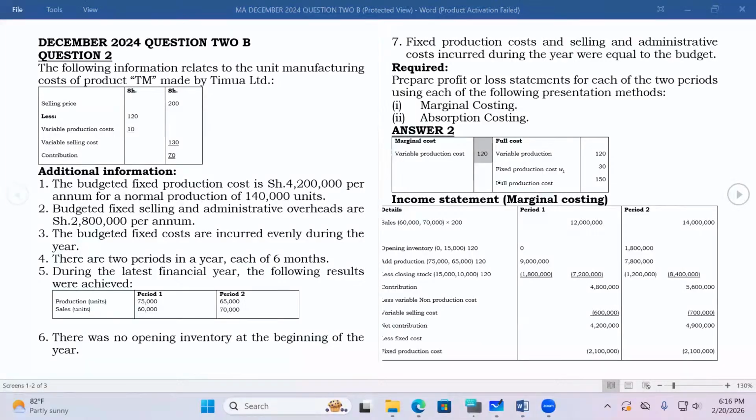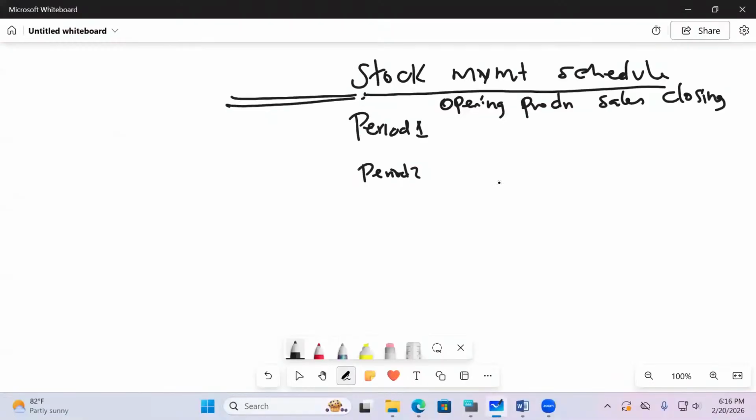So we have in this case here production. Period 1, you told me we produced 75,000 units. Thank you so much. How about production in period 2? 65,000. Are you able to see the units we sold in the respective periods?